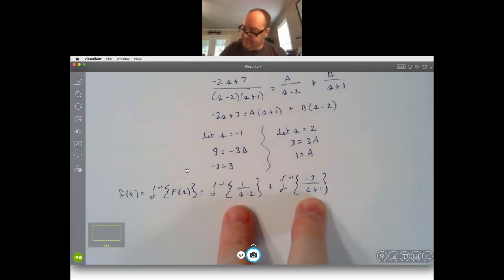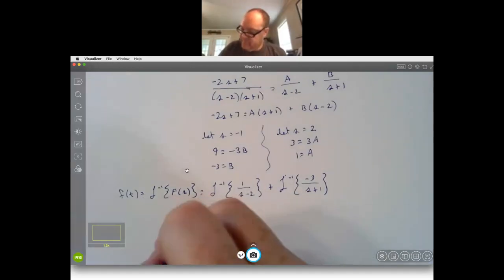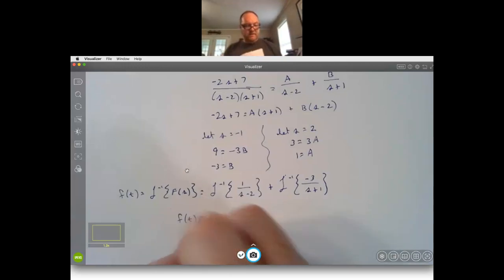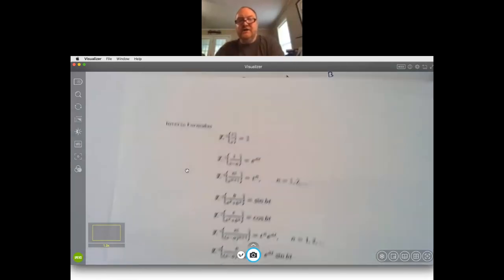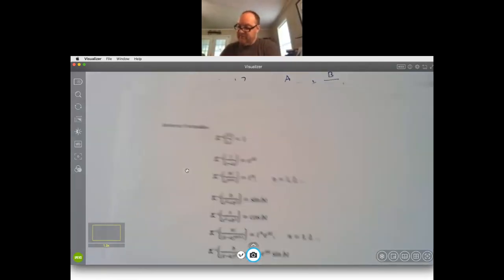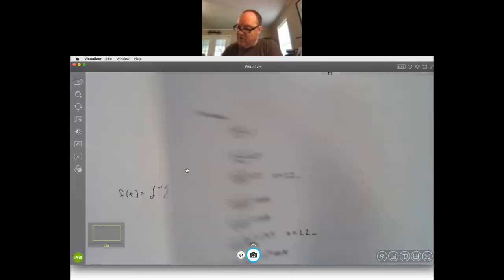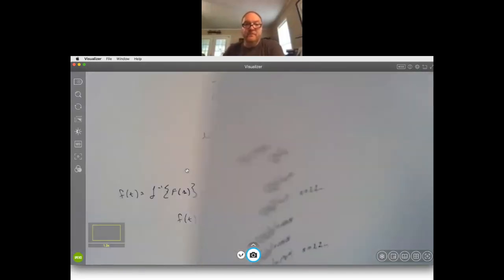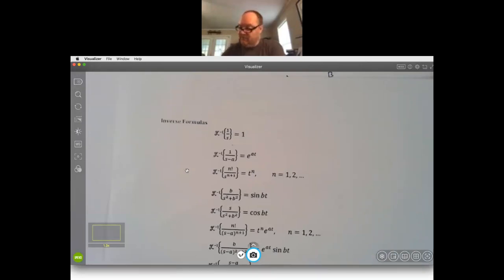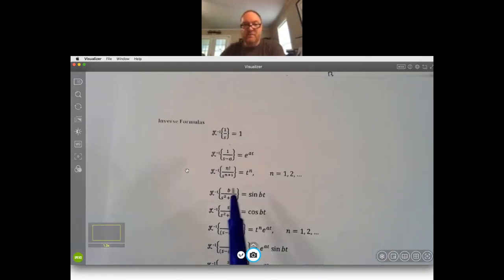And so let's do that. All right, so on my sheet of inverse transformations, I'm looking at 1 over S minus 2, which is going to fit this form.